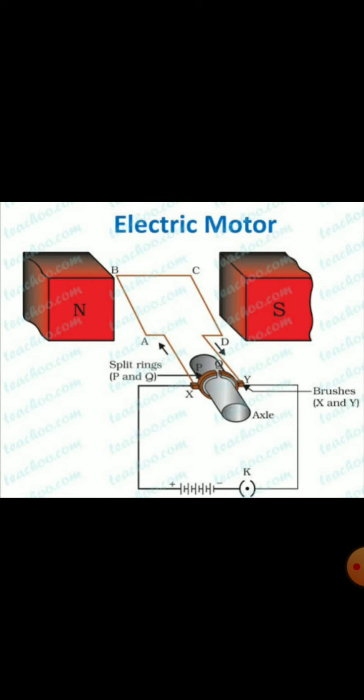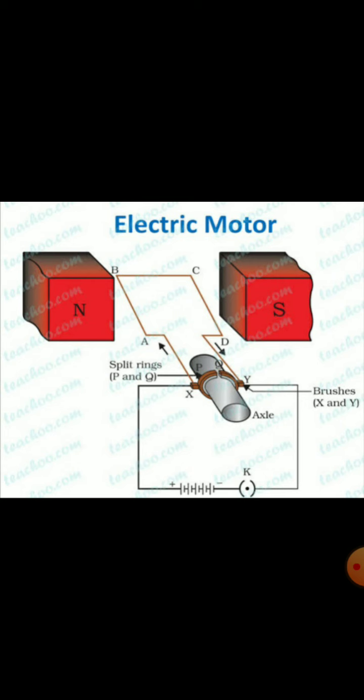So those sides of P and Q touch two conducting stationary brushes X and Y. In the figure where X and Y are shown, those are brushes. They are conducting, which means they can conduct electricity, and stationary, which means they are fixed. Remember this, here the brushes X and Y are stationary.